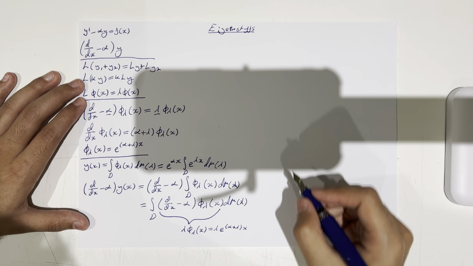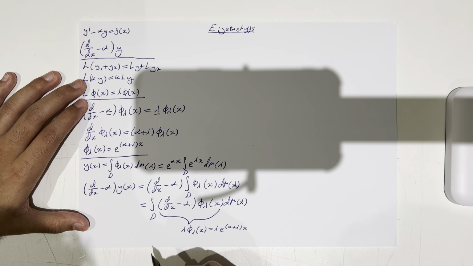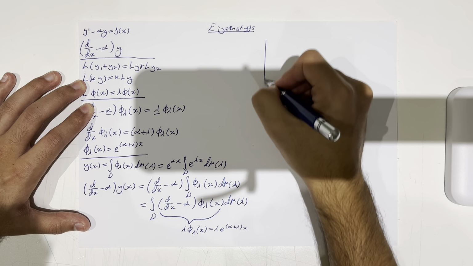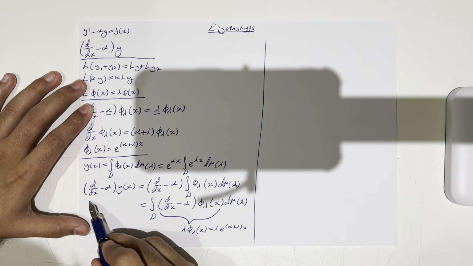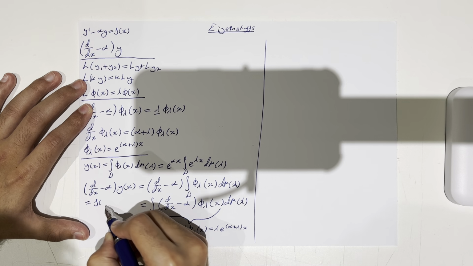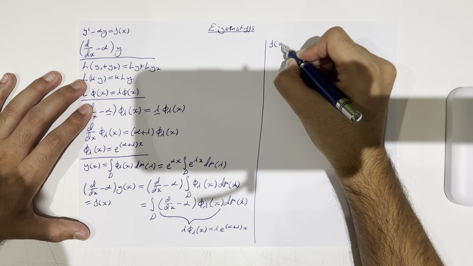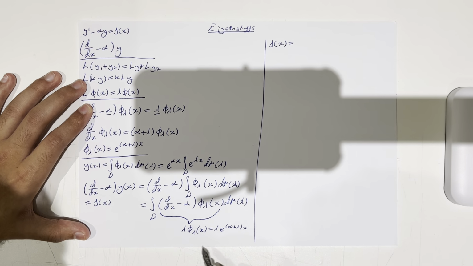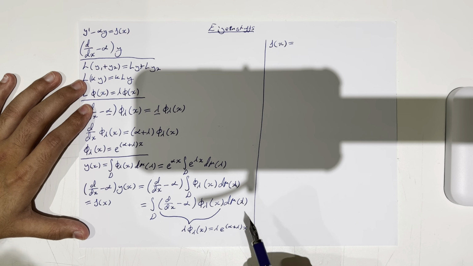Now this integral is, I will just write it out again over here. We've got y prime minus alpha y. Remember, this is equal to f of x. So we will write f of x equals, and then inside we've got lambda e to the lambda x multiplied by e to the alpha x, which is independent of lambda.